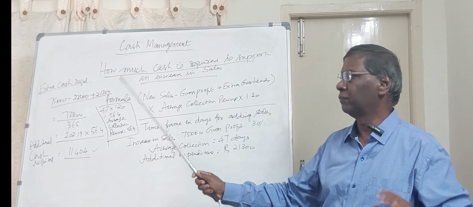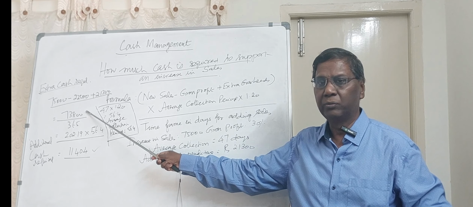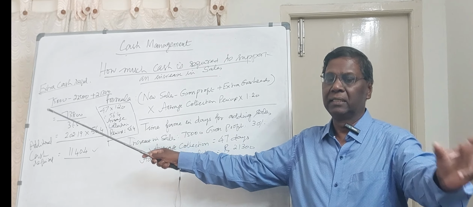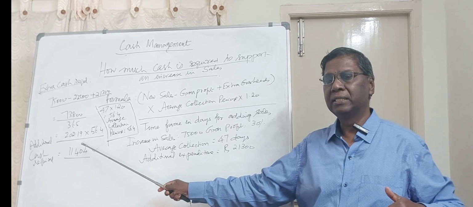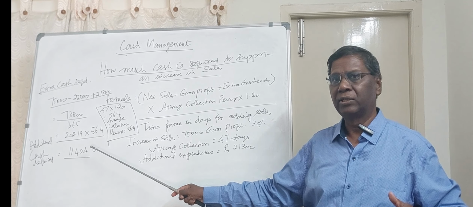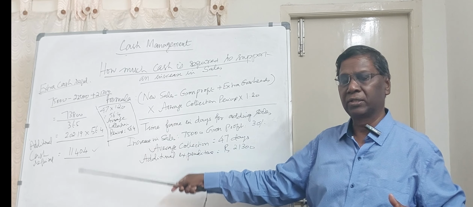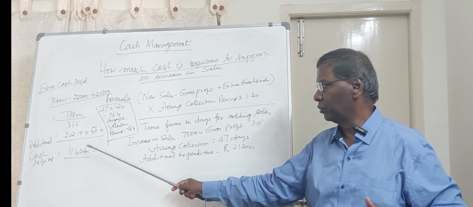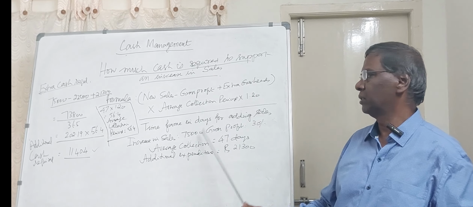So 11,404 will be rotated 7 times because 73,800 is the annual expenditure on account of increasing sales. But the cash required for one rotation is 11,404. So in a year, 7 times rotation will take place. So if you make the 11,404 arrangement from the bank, then you will be able to achieve the target of 70,000.